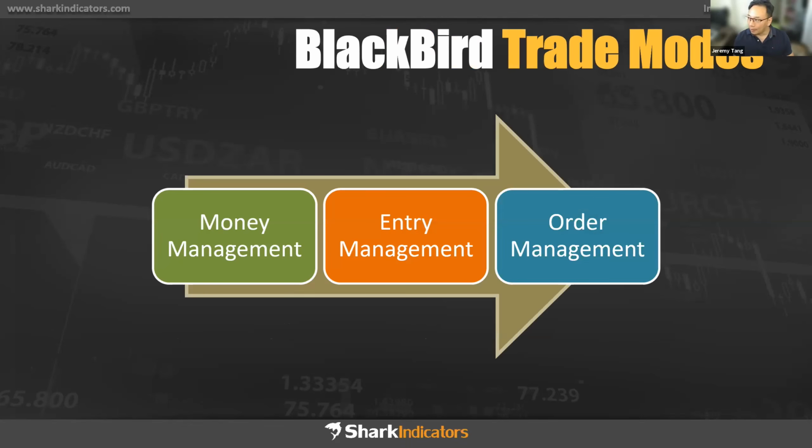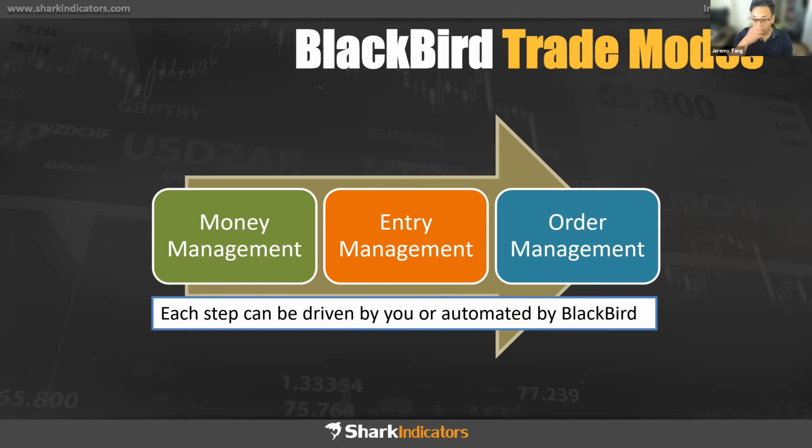So in summary, BlackBird can handle these three main tenets of the order side and all the other stuff that's basically outside of the entry signals: the entry management, the order management, and the money management. And it'll allow you to either drive that using your own intuition and doing it manually, or you can fully automate it.